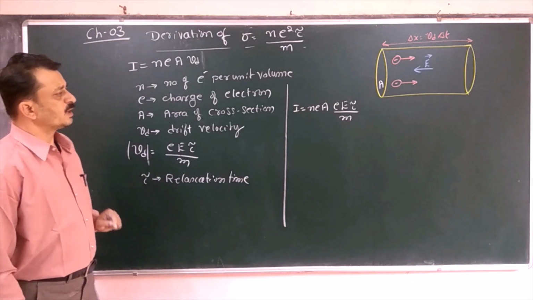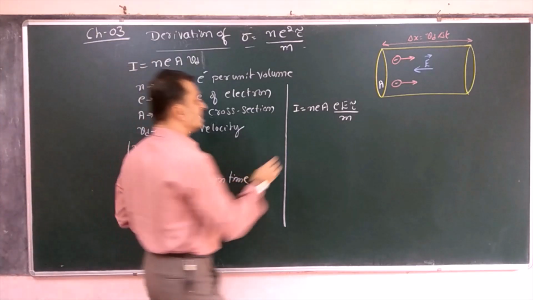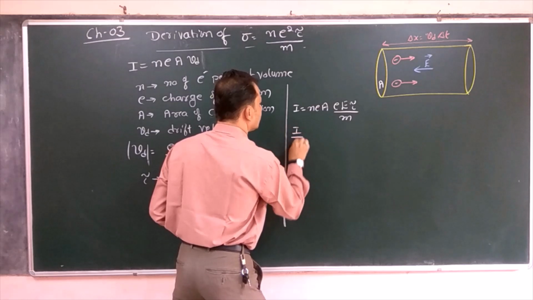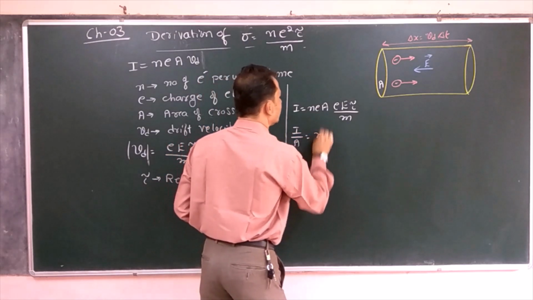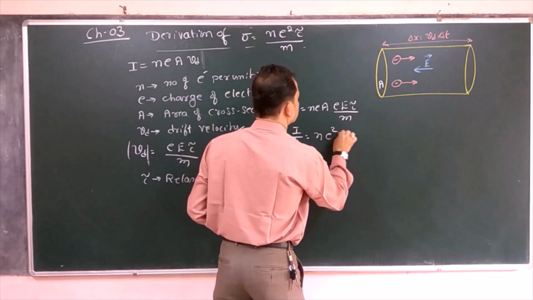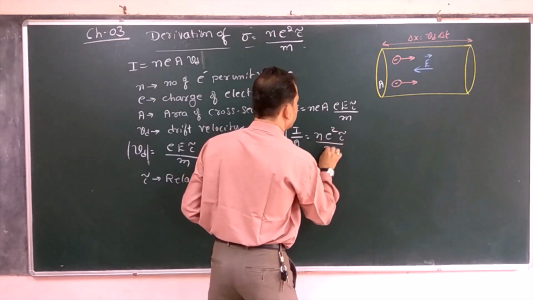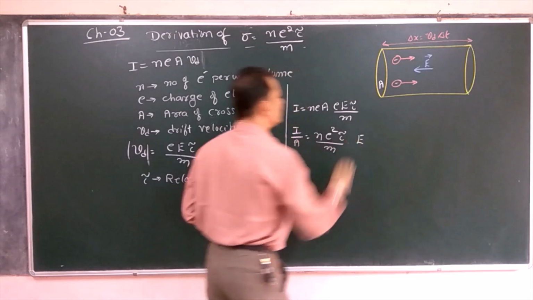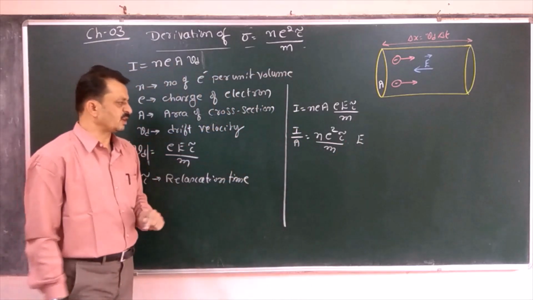Now here, carefully look. Cross multiplying the area, what am I going to get? I by A is equal to n e into e square tau divided by m, and I am writing the electric field in the last one.